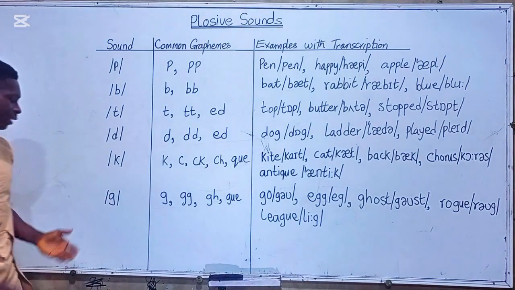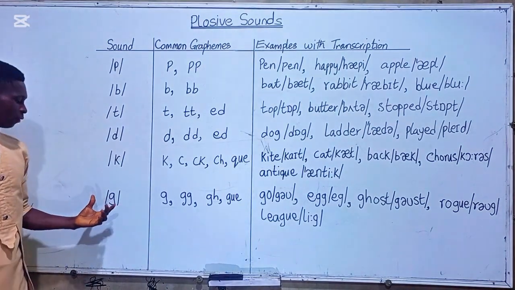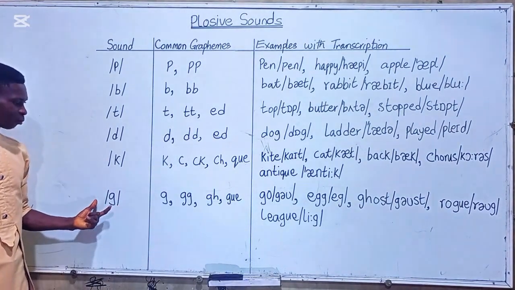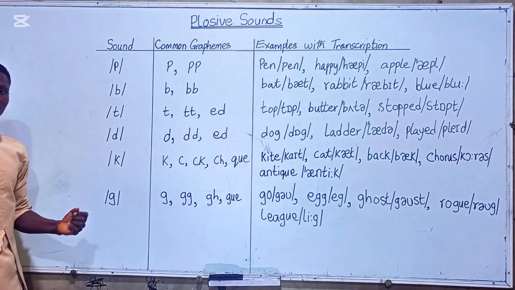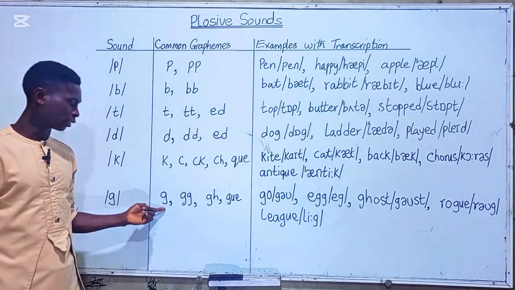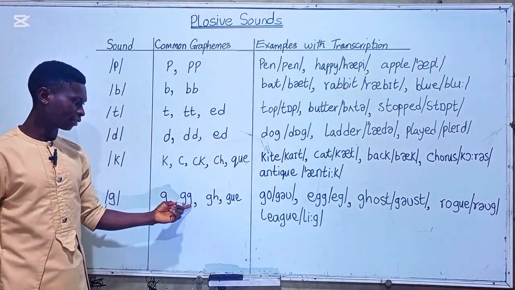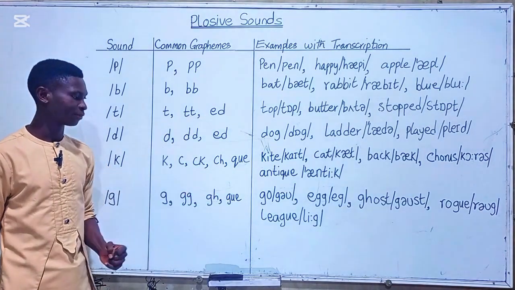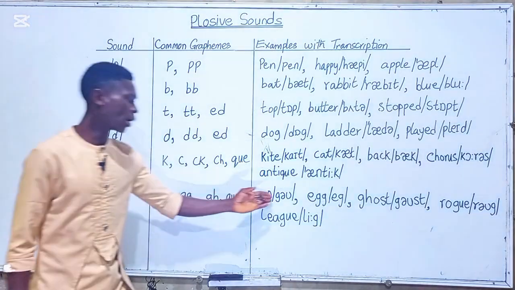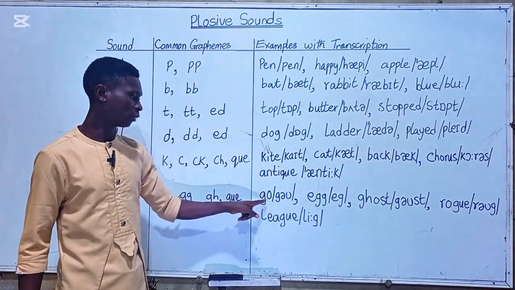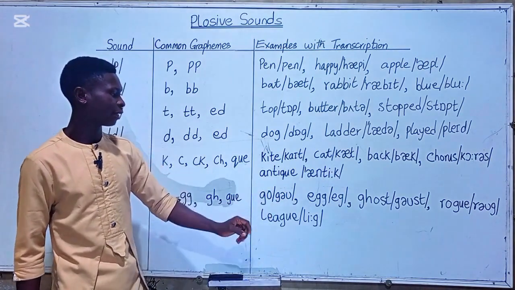Moreover, let's consider the voiced velar plosive sound, which is G. The G sound can be realized in place of letter G, letter GG, letter GH, and GUE. As in words like go. In place of letter G, we have the G sound.